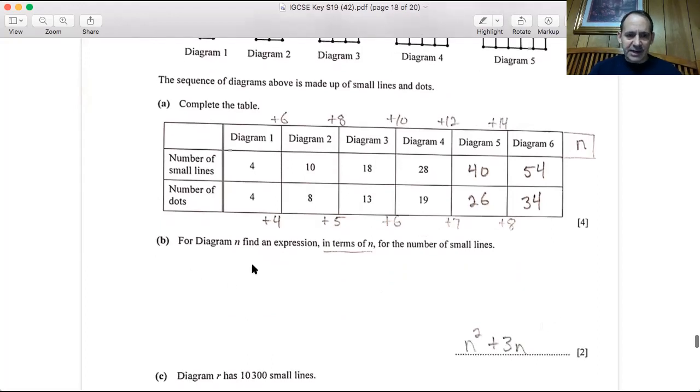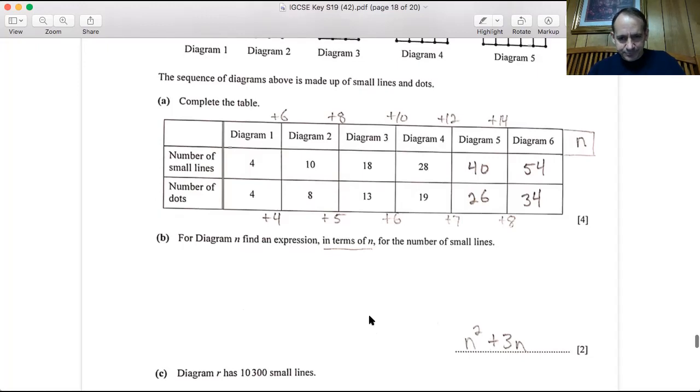Now it says for diagram N, which is an unknown number, find an expression in terms of N for the number of lines. So we've got to find a pattern as to how the number of the diagram translates into the number of small lines. We need to come up with an expression in N, N being the number of the diagram.